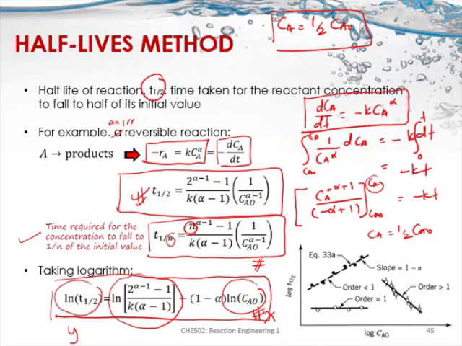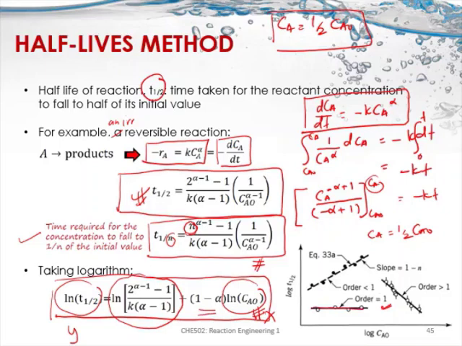If you look at the figure on your right hand side, this is a plot that represents the graph when, for example, the order is 1. Looking at the slope, which is 1 minus the order alpha, 1 minus 1 is equal to 0, so the slope is 0, that's why it is a straight line.